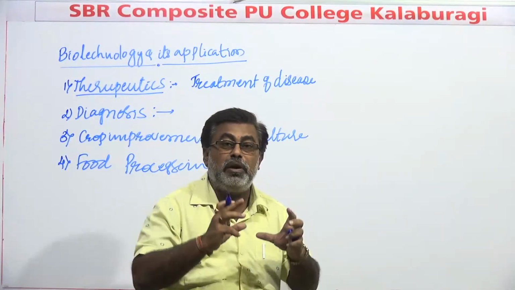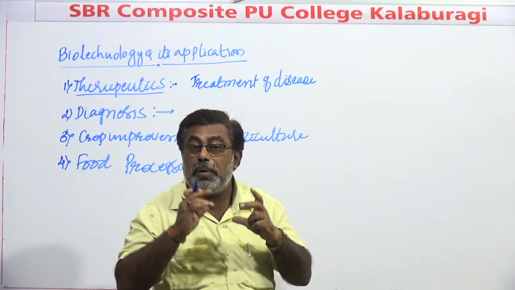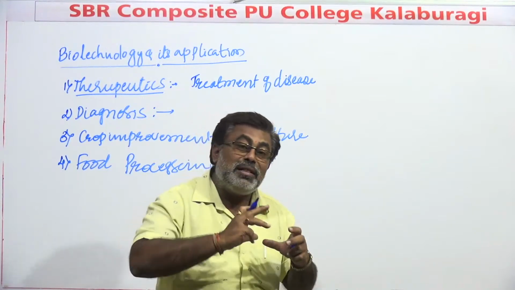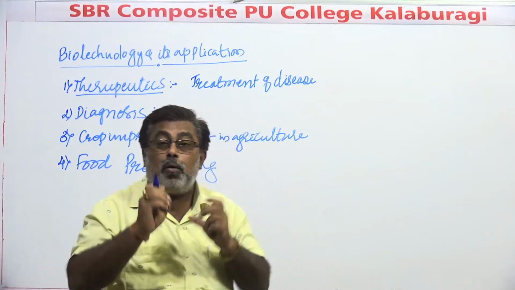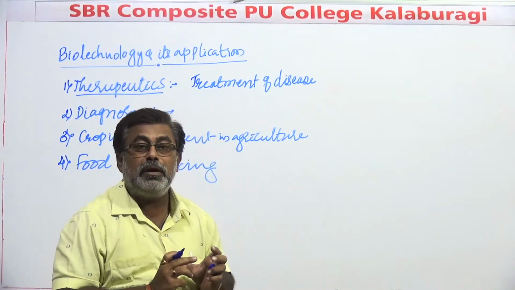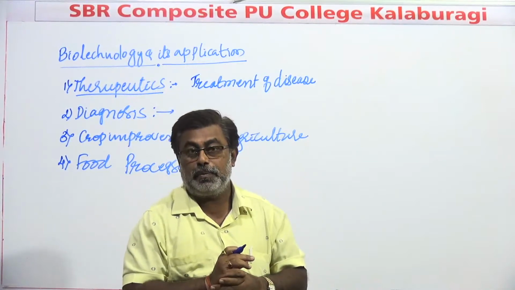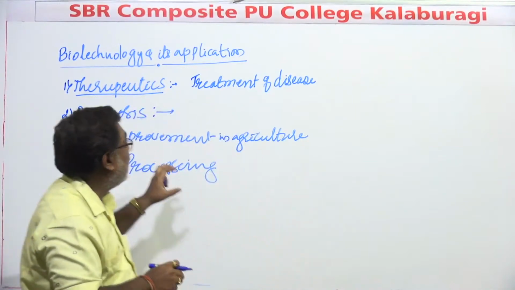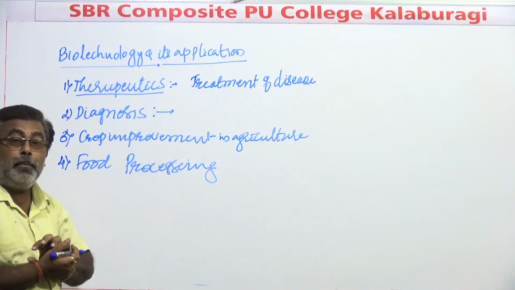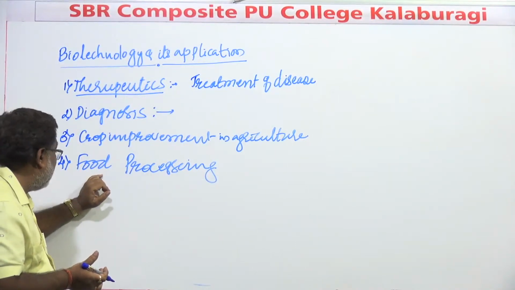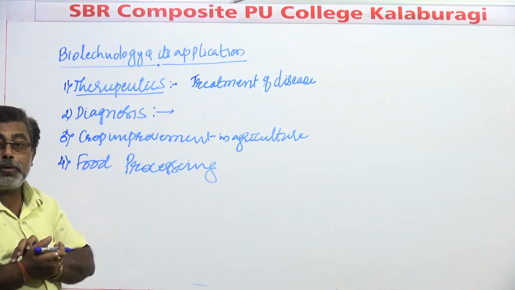There are so many foods transported from one place to another. During the transportation, the quality and quantity of the food will be damaged. It will be spoiled. So that will be prevented by the application of biotechnology. That is called food processing.